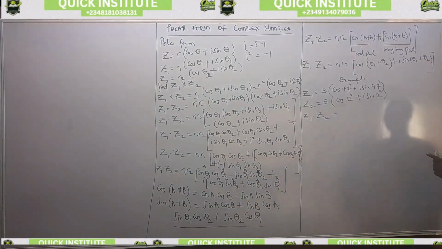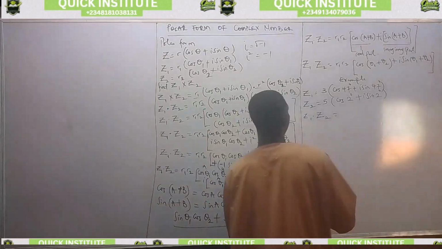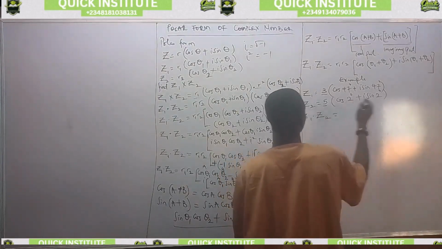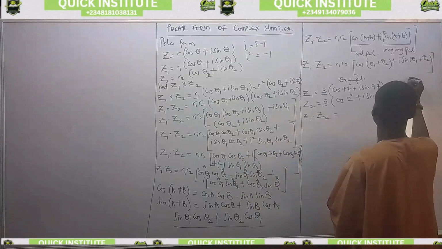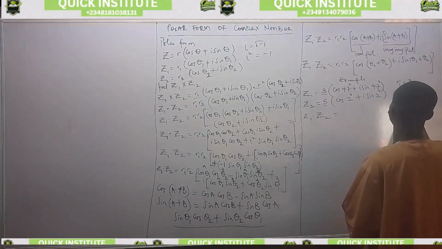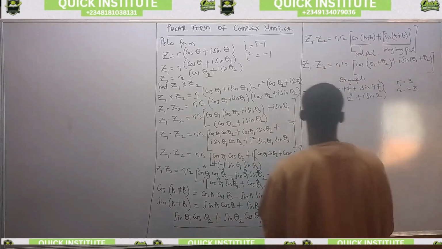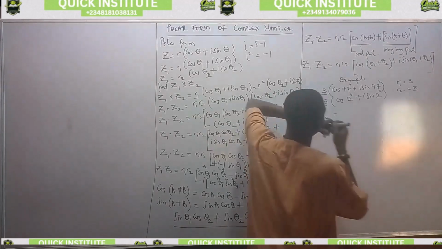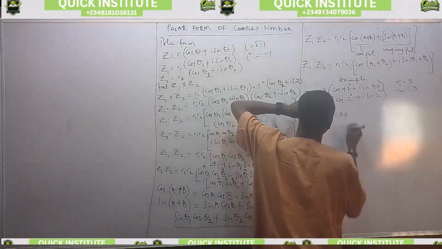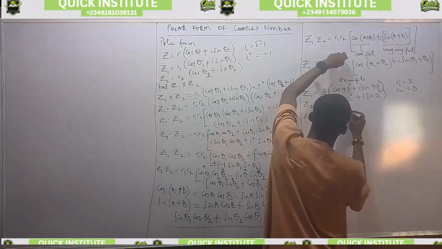Just note the formula: this is our r1 and this is our r2. Our r1 is 3 and our r2 is 5, so r1 r2 is 3 multiplied by 5.